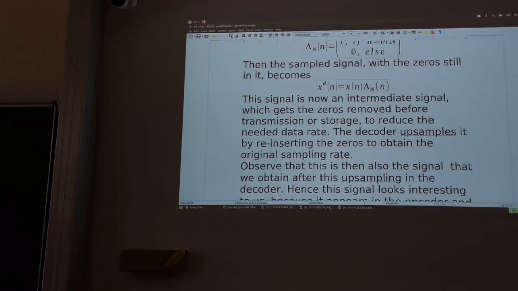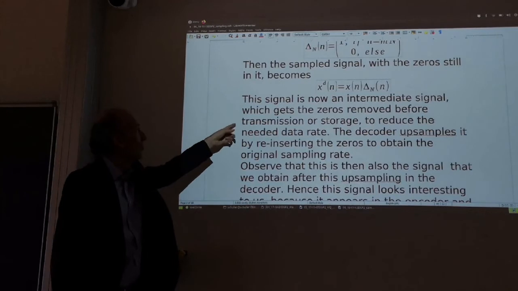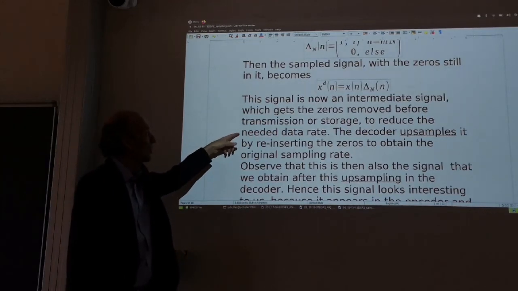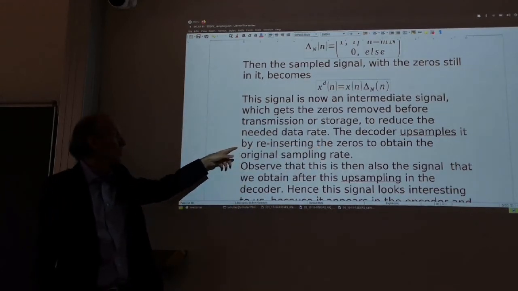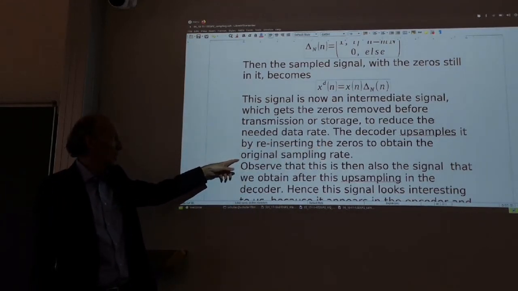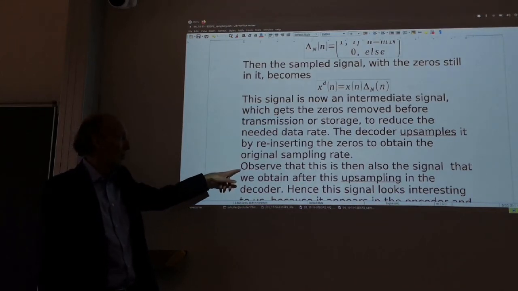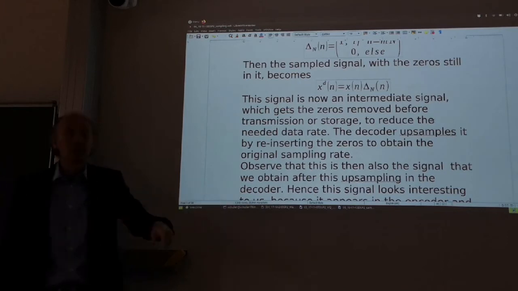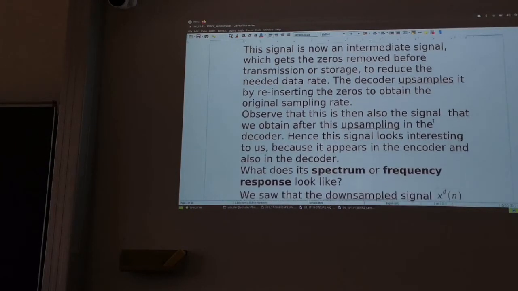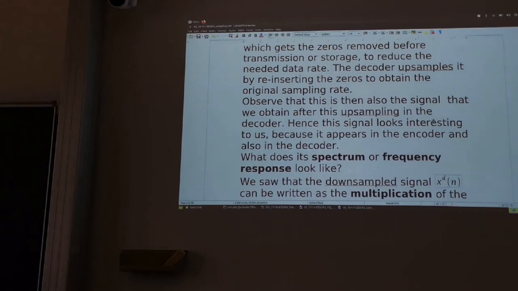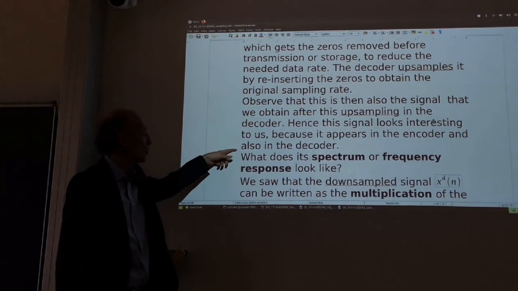So this is now an intermediate signal which gets the zeros removed before transmission or storage to reduce the data rate. And the decoder upsamples it by reinserting the zeros to obtain the original sampling rate. So this is also the signal that is obtained after upsampling in the decoder, and hence the signal still containing the zeros looks interesting for us, because it appears in the encoder and also in the decoder.